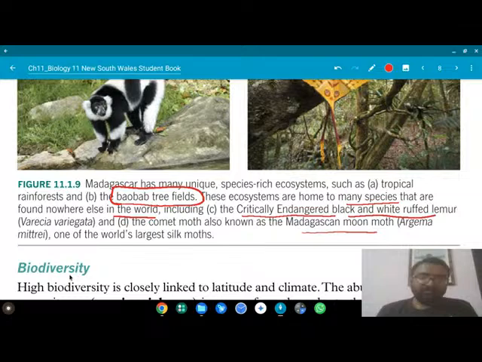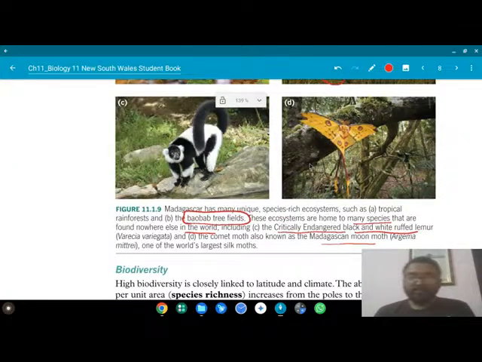So this is a different kind of species. And even the giraffe does not exist in other places. There are a number of species which exist only in certain locations.